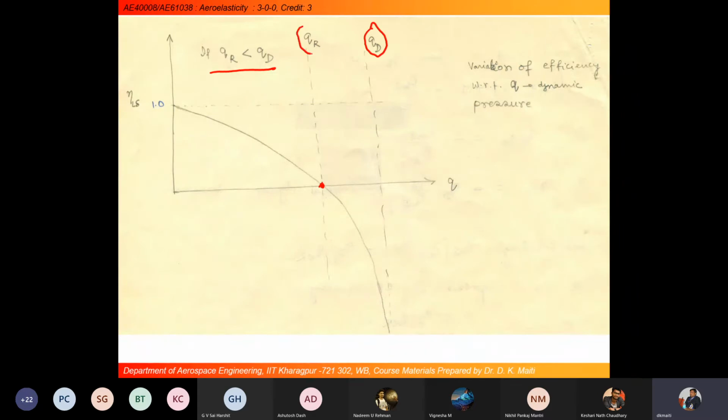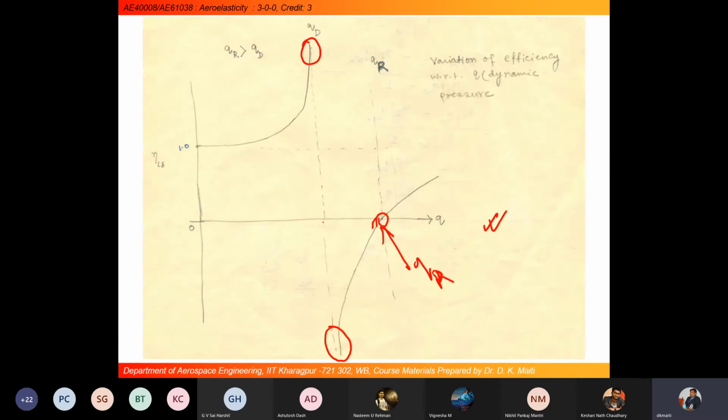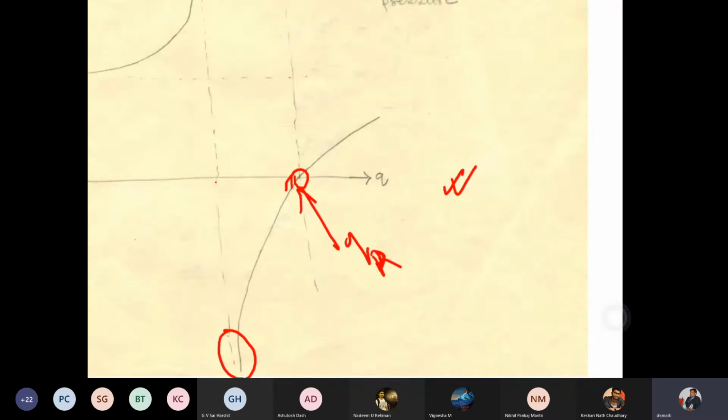And this is the reversal speed. What we have taken is reversal speed less than QD, the divergence speed. Next, I am taking the case when QR, the Q reversal speed, is greater than QD. Then what will happen? The efficiency will go this way.